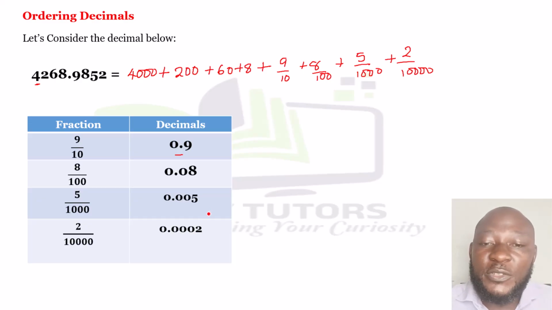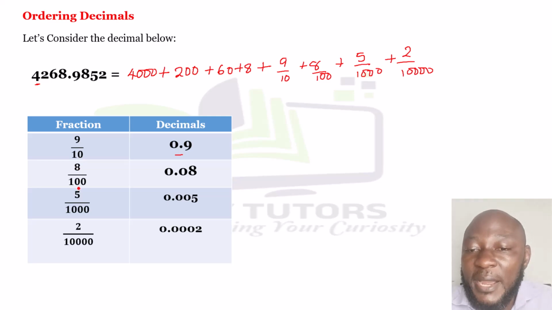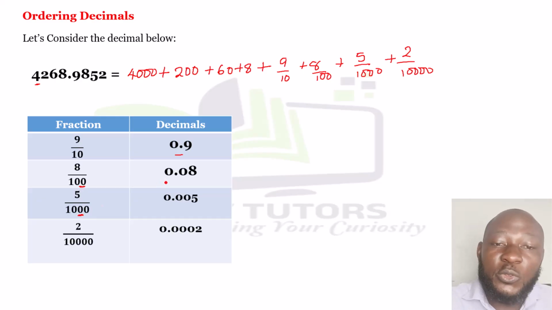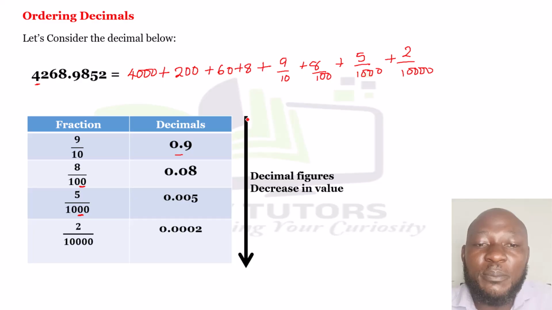So if you look at this number, you'll see that 0.9 is actually bigger than 0.08 because 9 is being divided by 10 while 8 is divided by 100. 0.08 here is also bigger than 0.005 because this is divided by 1000 while this is divided by just 100. So if you look at this, the decimal figures are decreasing in value from top to down.